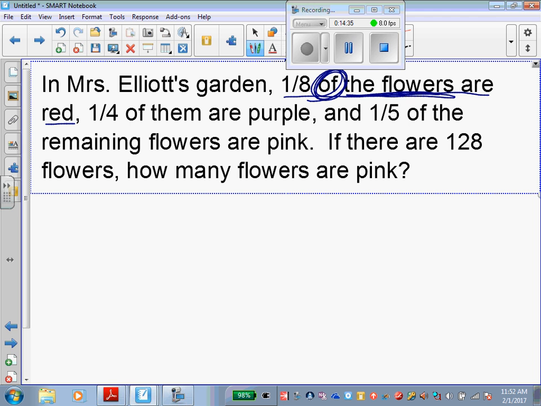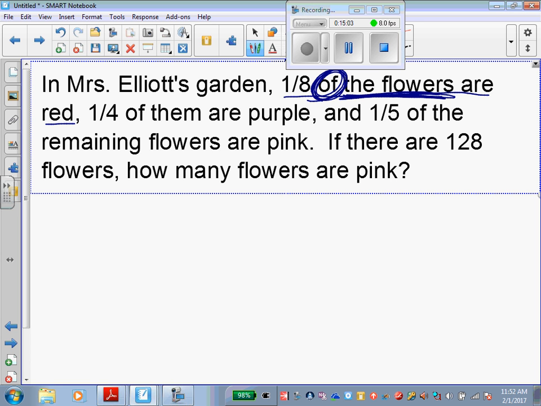So I have not only underlined some important information, but I have circled angrily that word of. What does of tell you to do? Multiply. What are we going to multiply 1/8 by? 128. Right now, it's just the flowers. Okay? So, I've made this information stand out. What else is important?